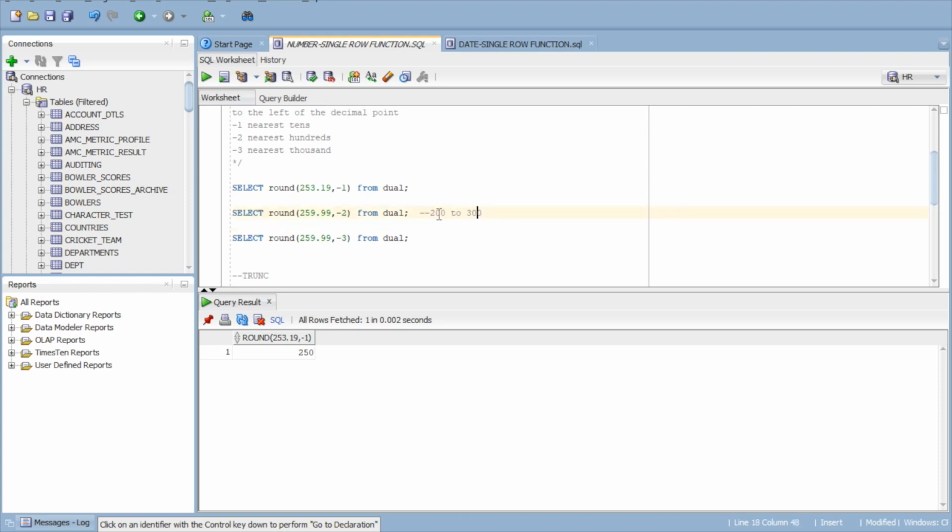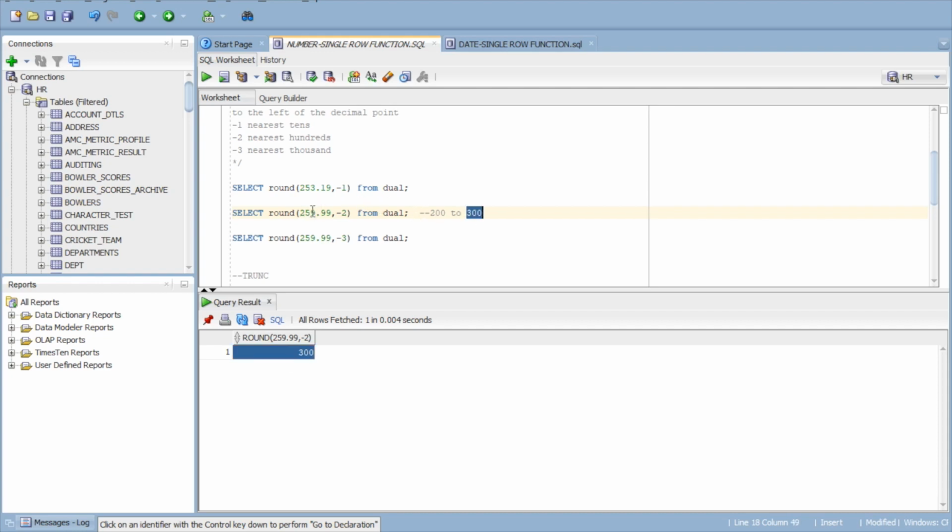Oracle checks whether my input is nearing 300 or 200. Here 259 is almost nearing 300, so when I execute this query, it shows 300.